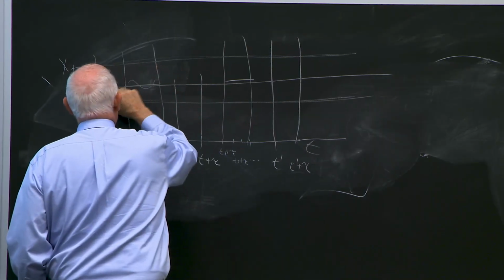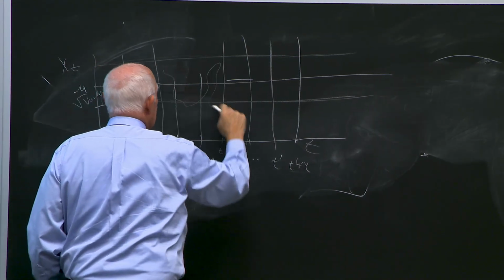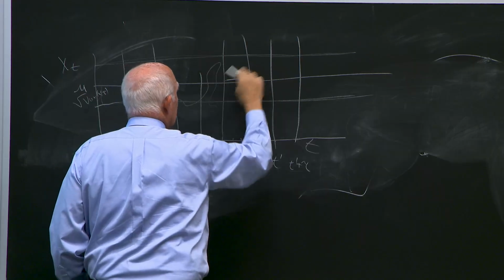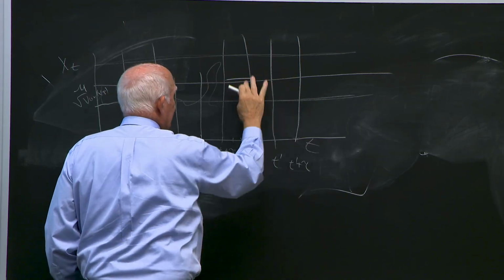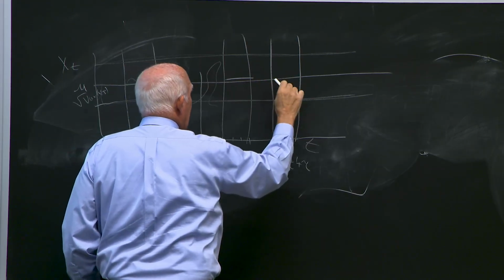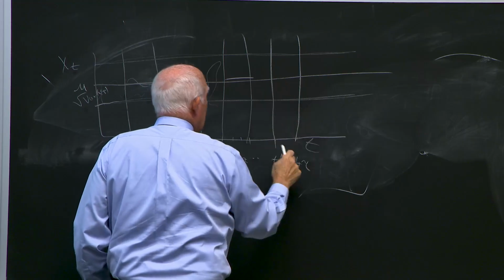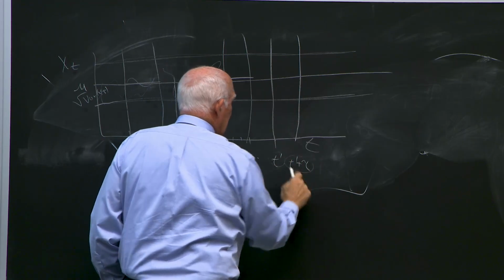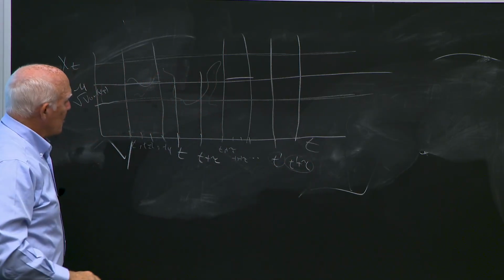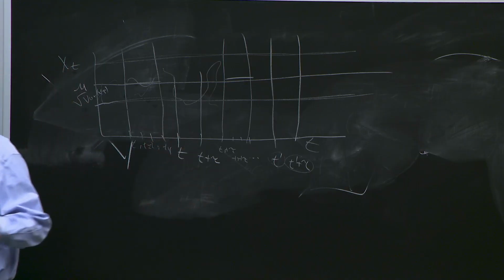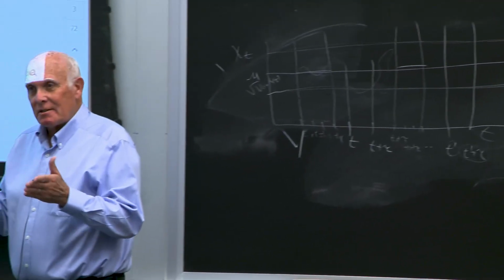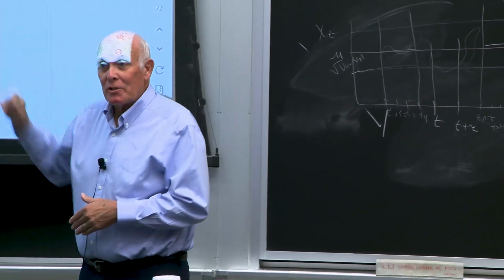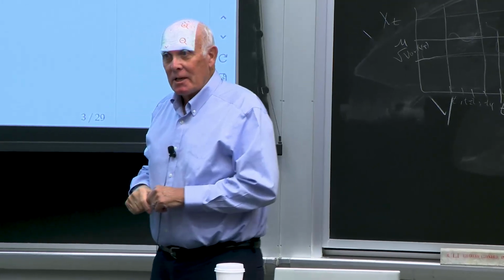When we have realizations of the process, they're going to stay within a few standard deviations of the mean, and the correlation between values at different time points will be the same if the time period between those time points is the same.